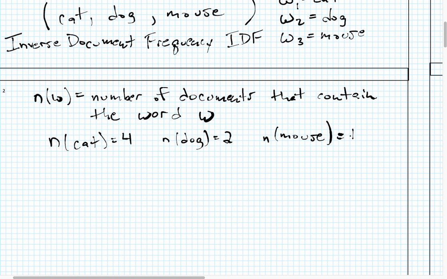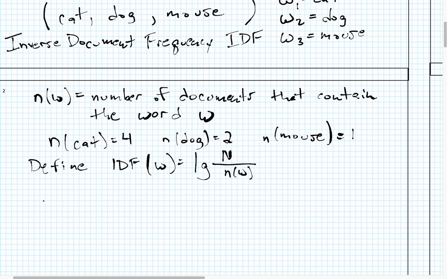So we define the inverse document frequency of W is equal to log base 2 of N, and that's capital N. Remember, capital N is the total number of documents, and I'm going to divide this by n of W.